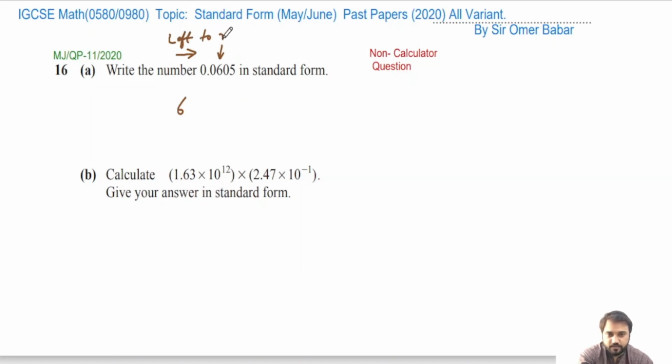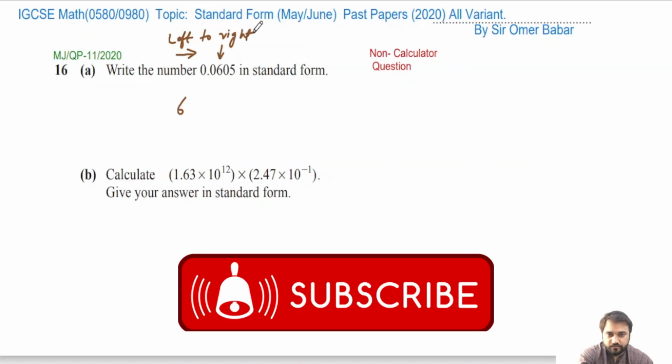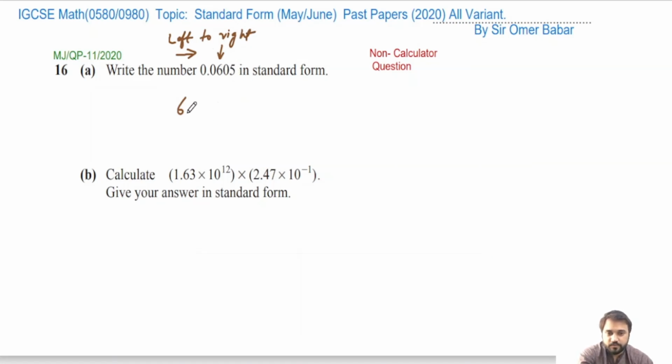So from left to right, what is our first non-zero digit? This is 6. So 6.05 into 10 raised to power, how many digits did it cross to reach after 6? 1, 2. So that would be -2. The answer 6.0 into 10 raised to power -2 is also correct.